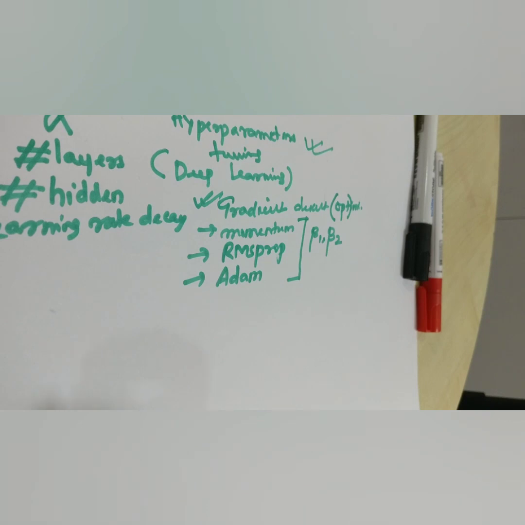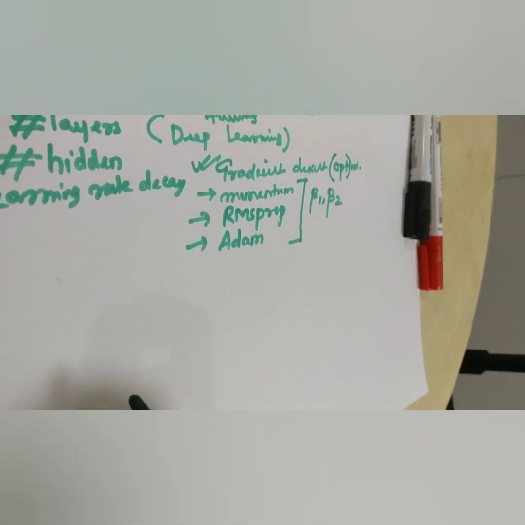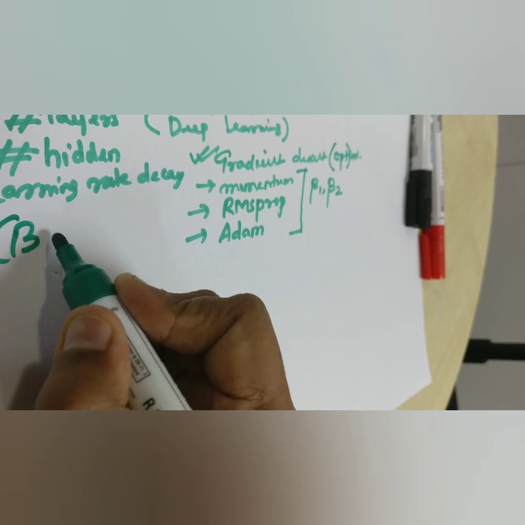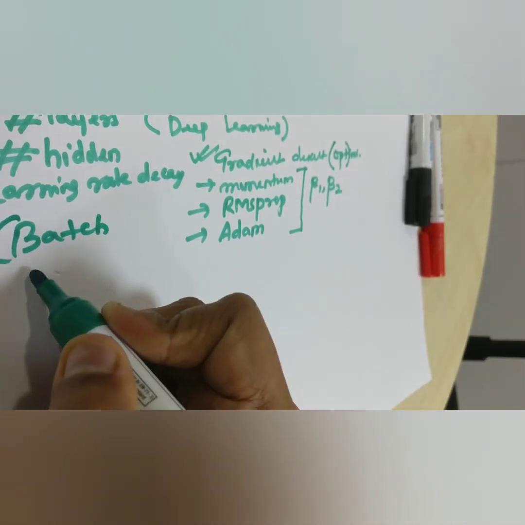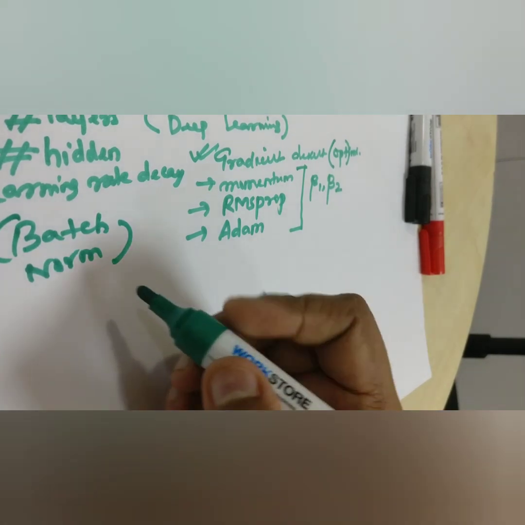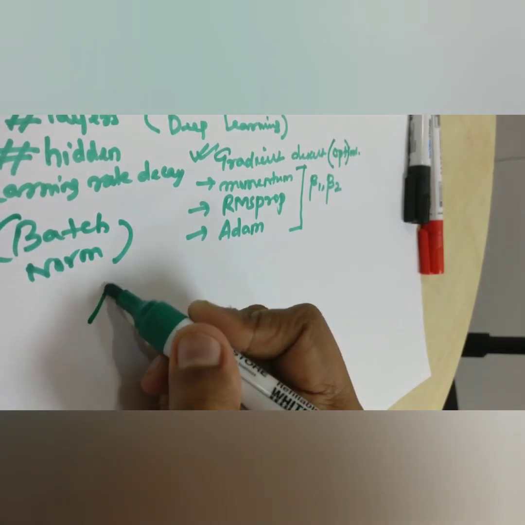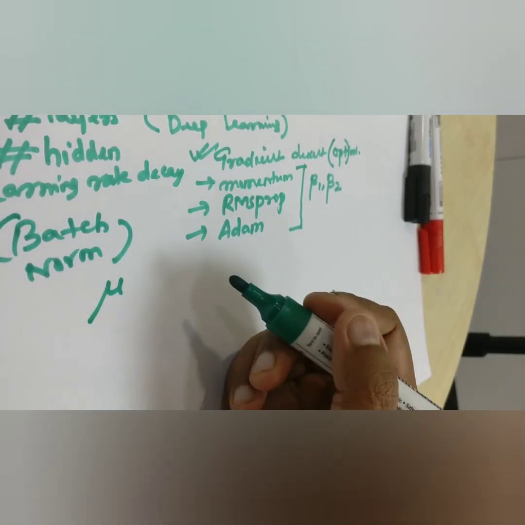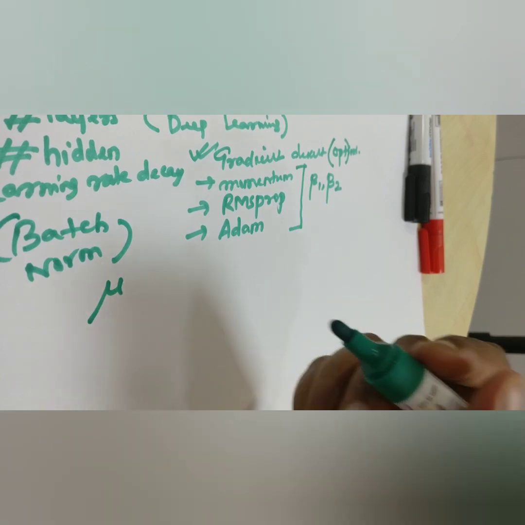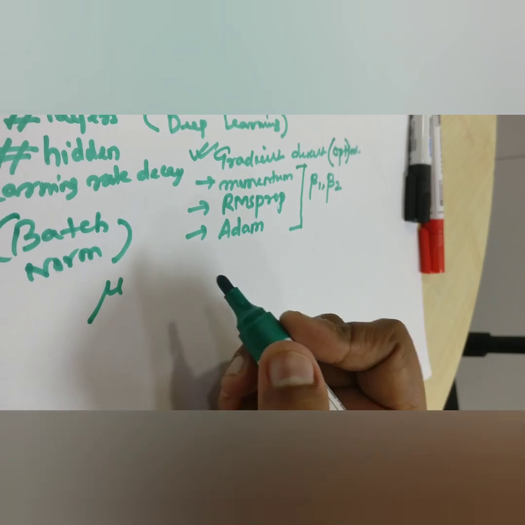Now one common thing that I have seen, as I was mentioning at the very start of this video, is a common question people ask nowadays related to batch normalization. You know that in batch normalization we basically try to make the mean and the variance constant within a particular layer in a deep learning network.